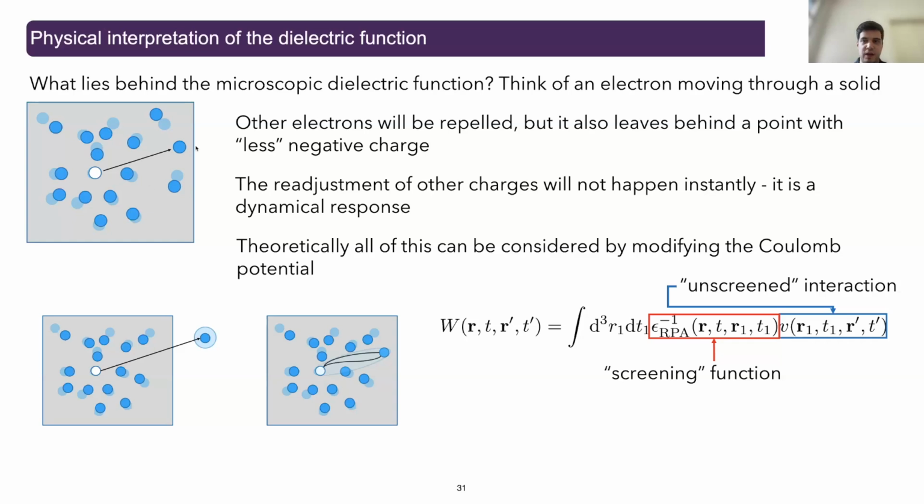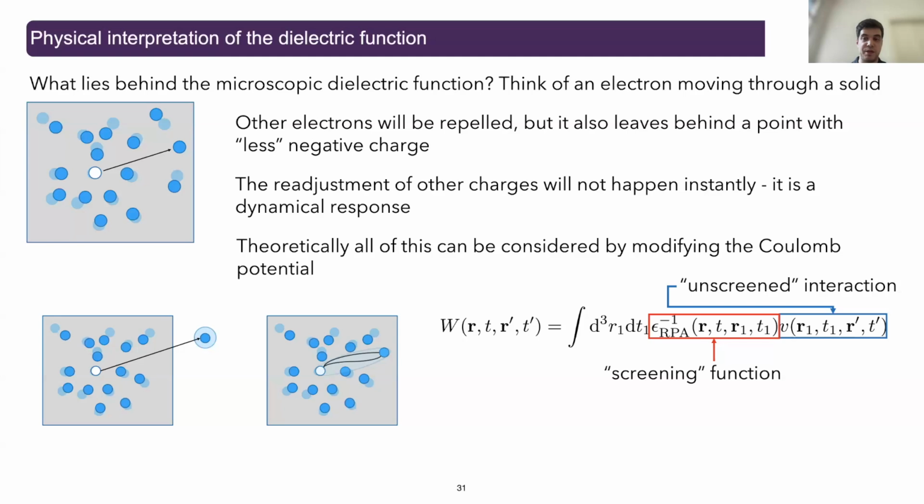When the electron arrives at its new position, it's going to repel the electrons that are nearby, but in its previous position, it will leave a region with a slightly less negative charge, to which nearby electrons can be attracted. Now, all the readjustments are not instantaneous, and there are some retarded effects, so you have to consider that the changes in the medium are dynamical.